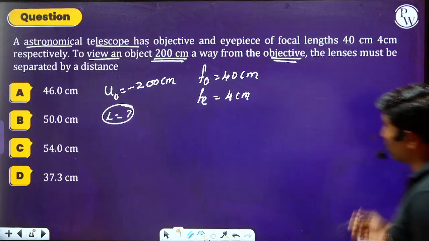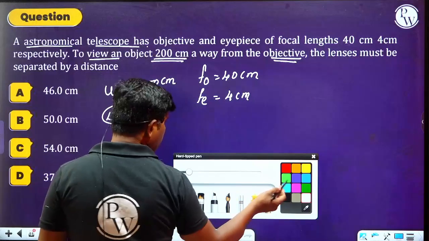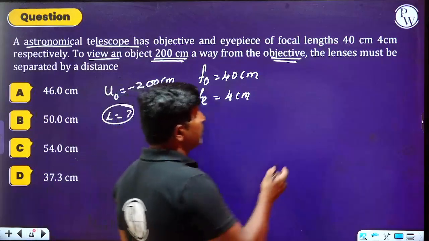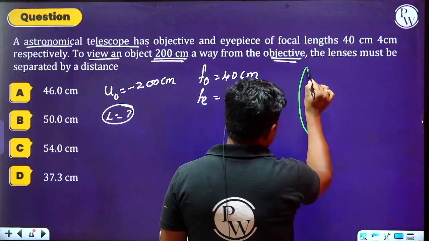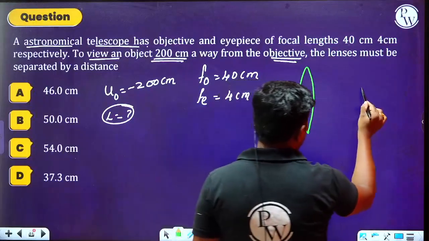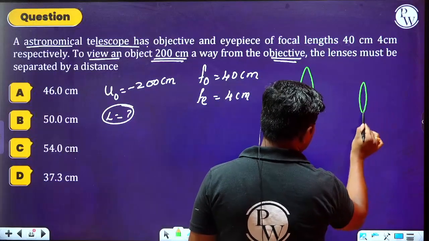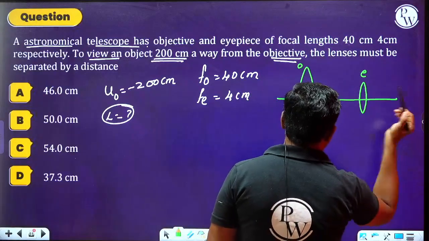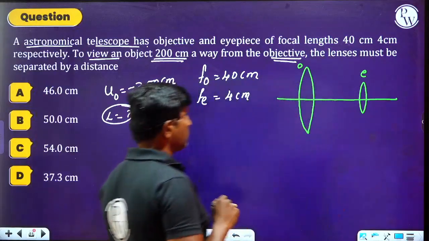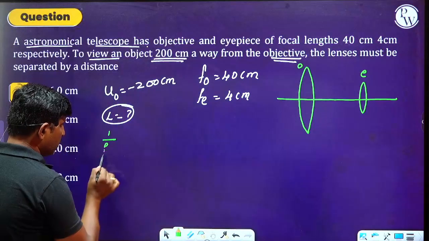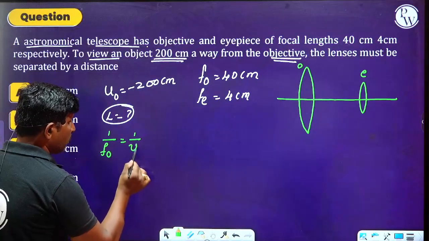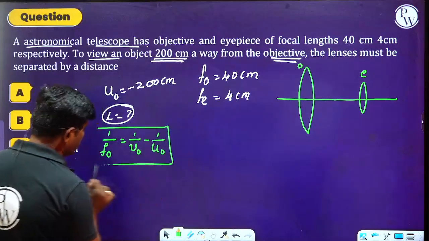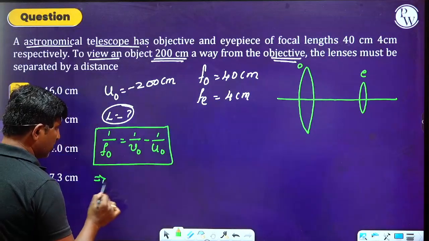Whenever we apply the lens formula for a telescope, the objective lens will have a large focal length and the eyepiece will have the less focal length. Please observe this. 1 by FO is equal to 1 by VO minus 1 by UO. From this you calculate what is VO.